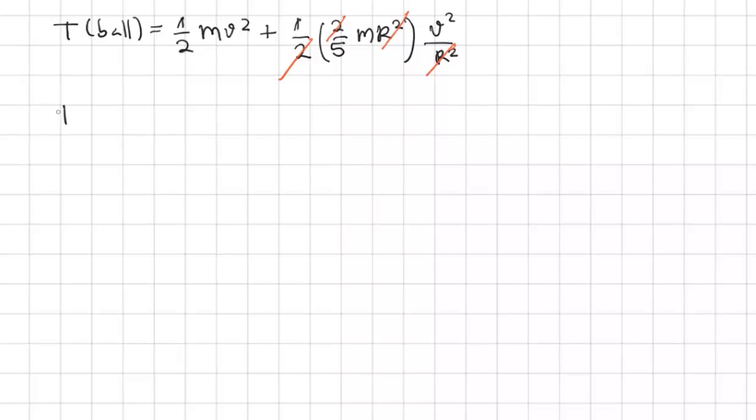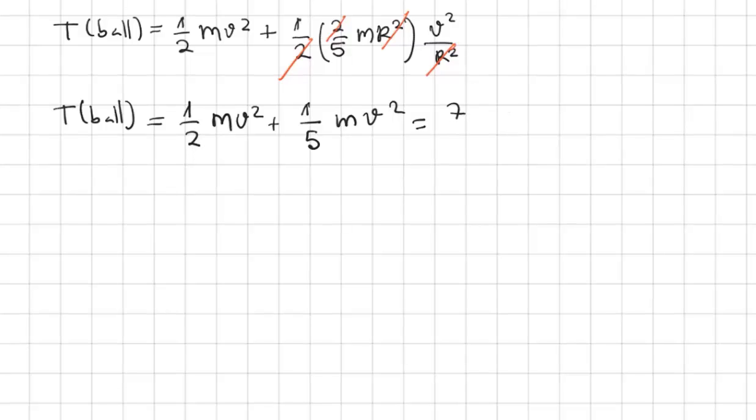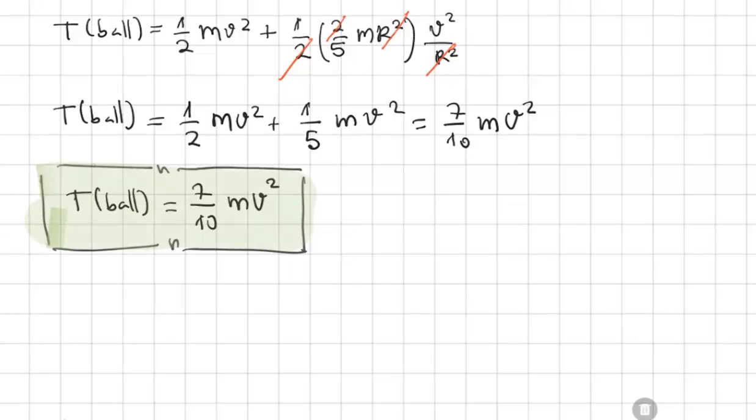Then we get for the kinetic energy of the ball 1/2 of the mass V squared plus 1/5 of the mass V squared, and that's equal to 7/10 mass V squared. Then the kinetic energy for the ball is equal to 7/10 mV squared. Let's call this equation number 2.